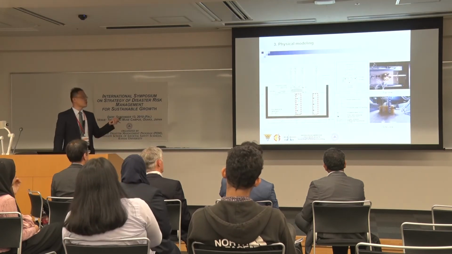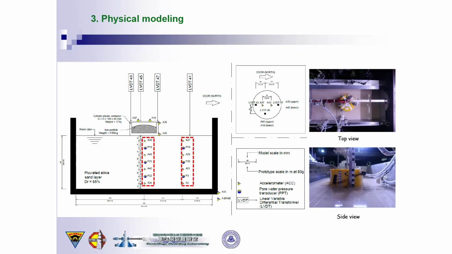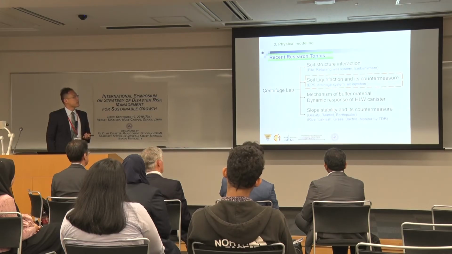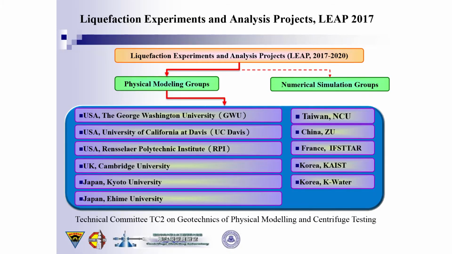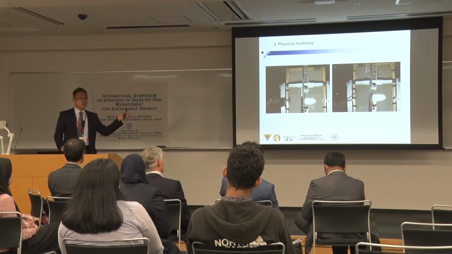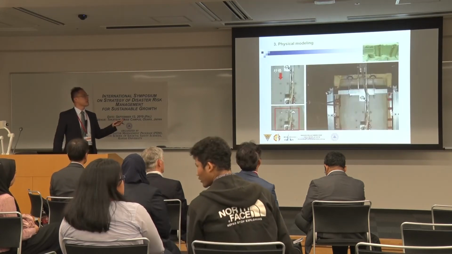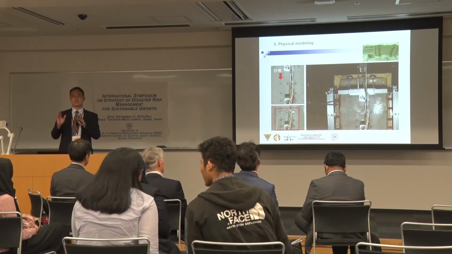We can also simulate storage facilities on liquefiable soil layers. And then we have a LIP project. This year we just had a meeting here, right? So quickly goes. We can use this kind of device to study liquefaction, lateral spreading, and the deformation of the ground surface.